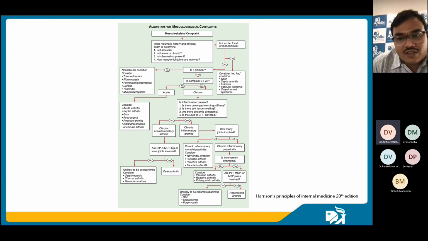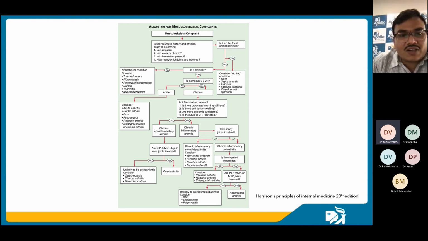If our answer is yes and it is a chronic inflammatory arthritis, then we have to ask the further question: how many joints are involved, whether it is oligoarthritis or polyarthritis. If it is polyarthritis, whether it is symmetric or asymmetric, whether it is deforming or non-deforming. If it is deforming, then the differential will be rheumatoid arthritis. If it is non-deforming, our differential will be SLE, scleroderma, and polymyositis.